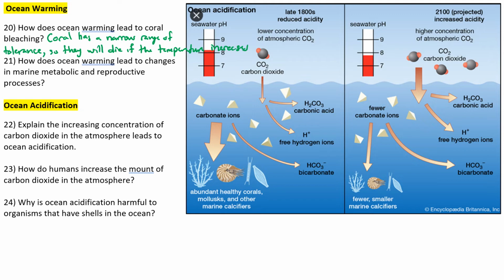How does ocean warming lead to changes in marine metabolic and reproductive processes? So I'm going to be writing it right here. Fish are cold-blooded.